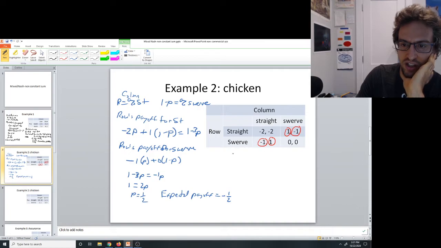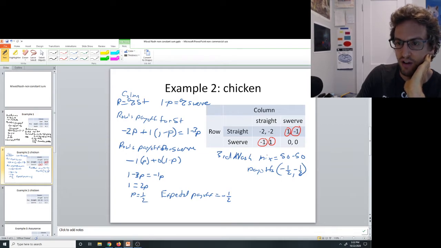Like the third Nash is, right, if I were describing it, the mixture is 50-50, right? And the payoffs are -1/2, -1/2. Now that's actually, overall, a worse payoff than this and this.